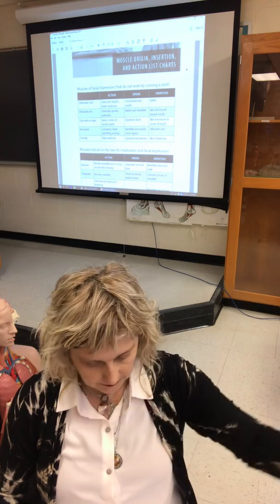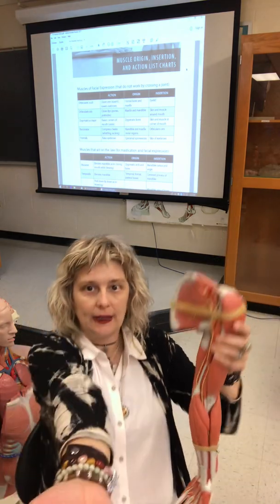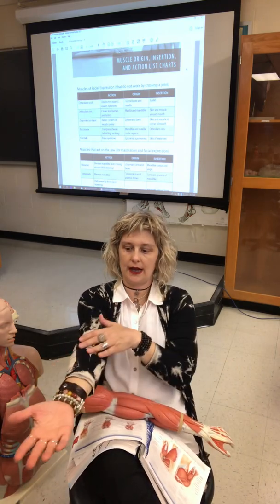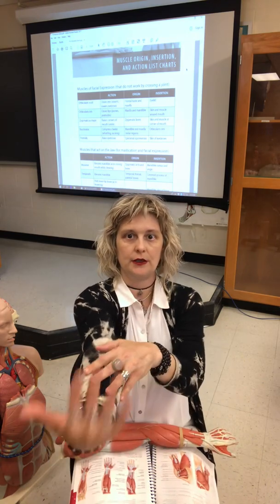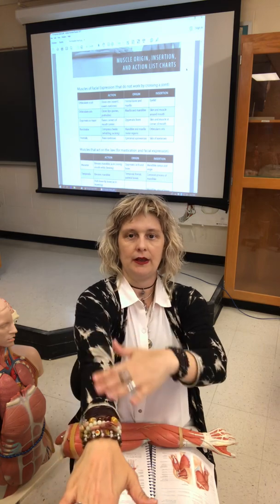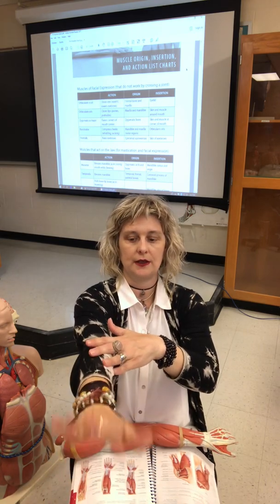So let's go over on the model where this is. Flexor side is going to be the palmar side. So everything on the palmar side is going to be flexion. If I pronate my hand, everything on the dorsal side is going to be extension.